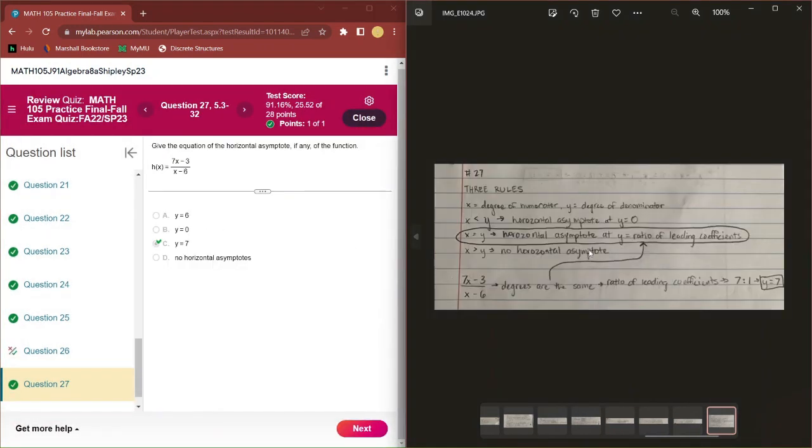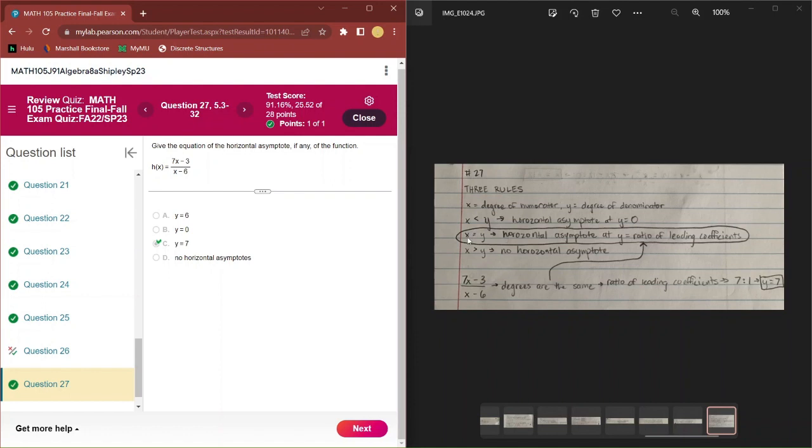Question number 27. This one, in order to find a horizontal asymptote from an equation, you have to follow 3 rules. You look at the degree of the leading terms, and they're both 1. So you have to look at which rule that meets.